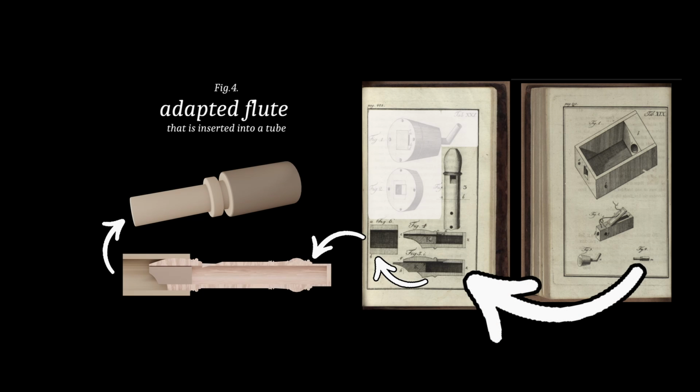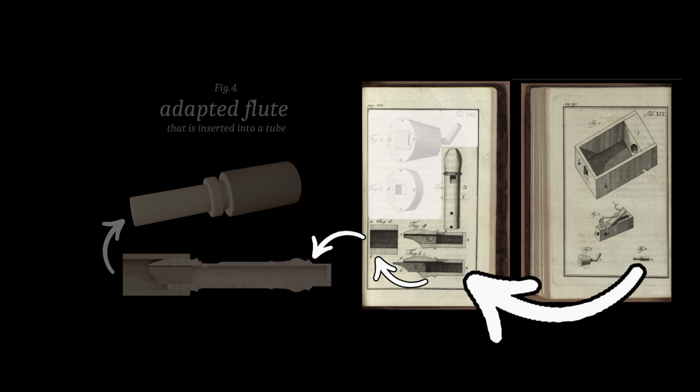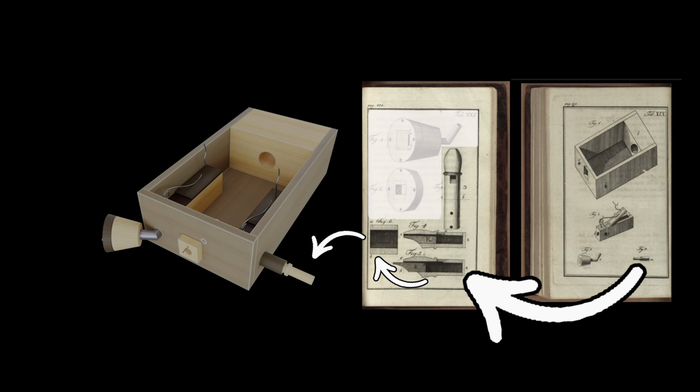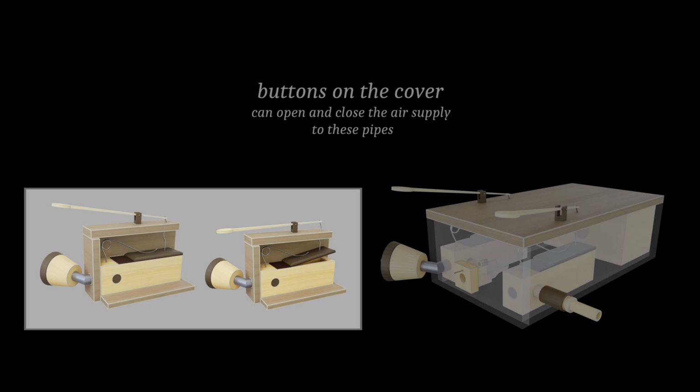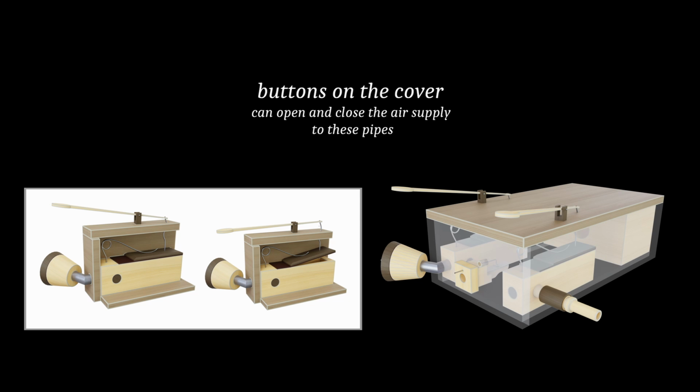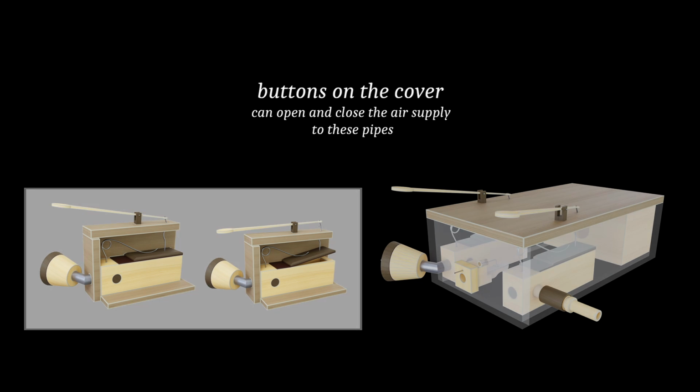Figure point 4. Adapted flute that is inserted into a tube. Buttons on the cover can open and close the air supply to these pipes.